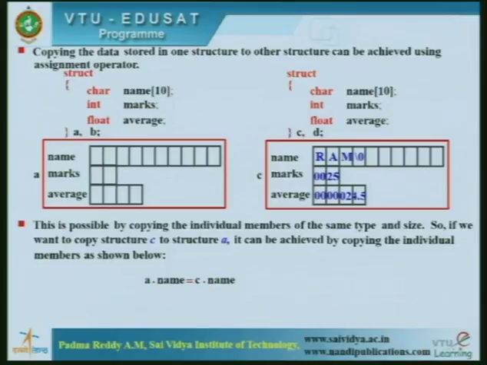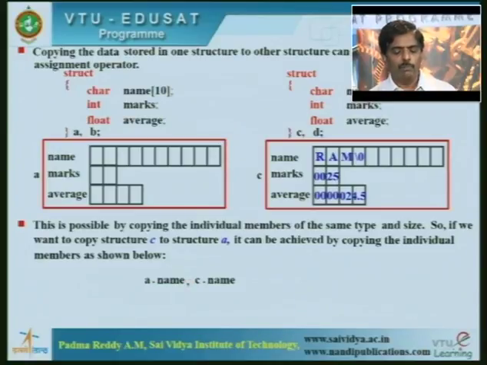It is not possible because name is a string. So what can we do? Instead of writing equal to here, we use the string copy function, which copies the name from C to A. Now RAM will be copied into this field. Next, I want to copy C.marks into A.marks.